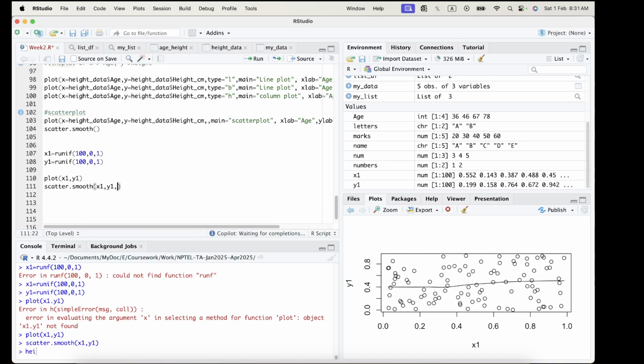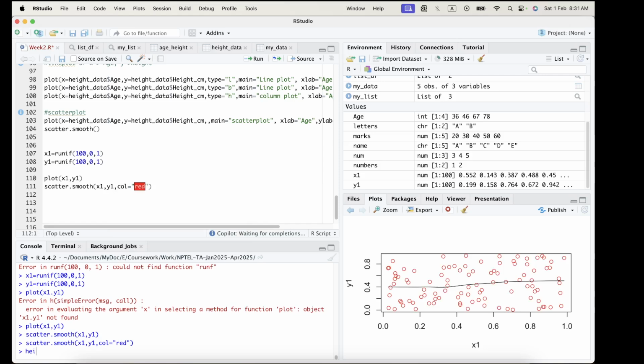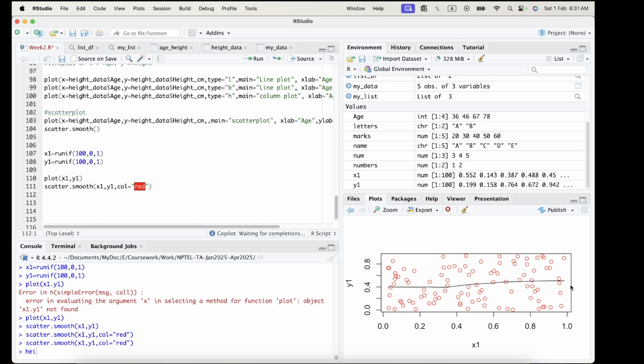And if I specify color equal to red, it's going to give me all the points in red and the smooth line in black.